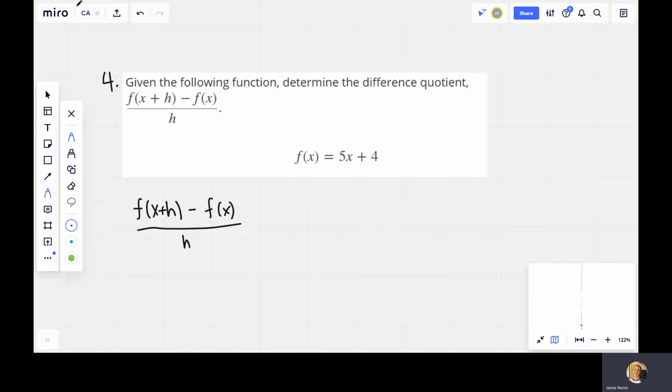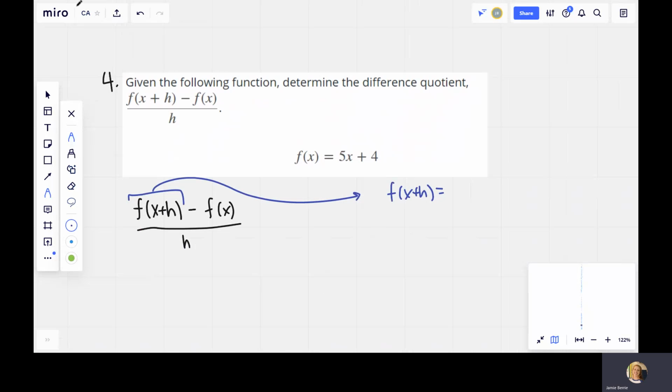All right, so the first thing I'm going to do is go over here to the side and do a little bit of scratch work, and I'm going to find f of x plus h. I'm going to do that off to the side so I don't have to worry about rewriting this fraction every time.